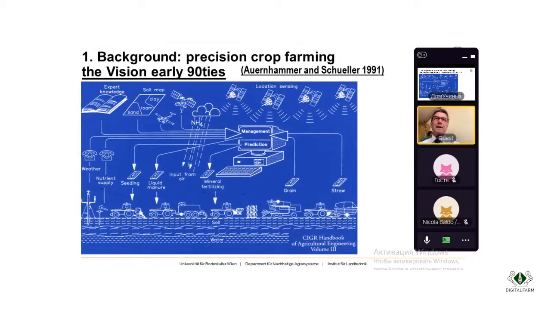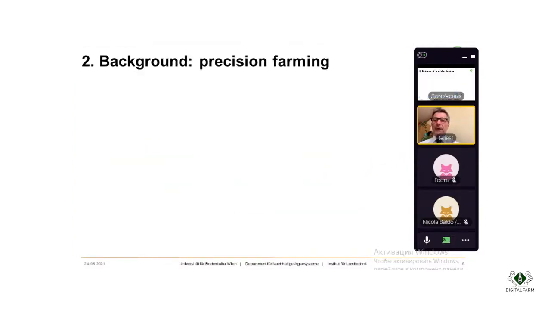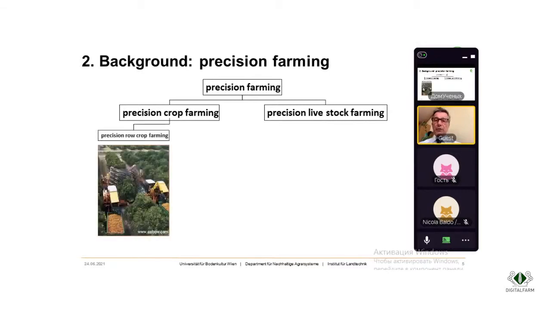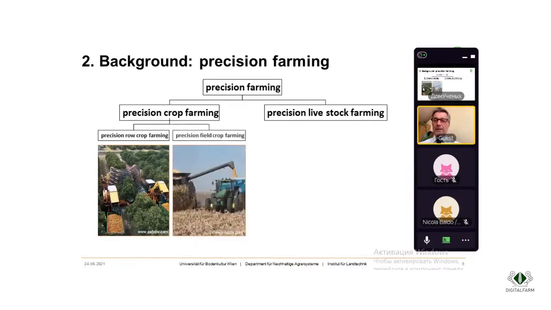Next slide, please. And so these are the applications we are dealing with in the future. The big question will be: could the smartphone in the future be something like a Swiss Army knife? And if we look at the different production systems, with precision farming we have similar developments, in crop production and also in livestock farming.